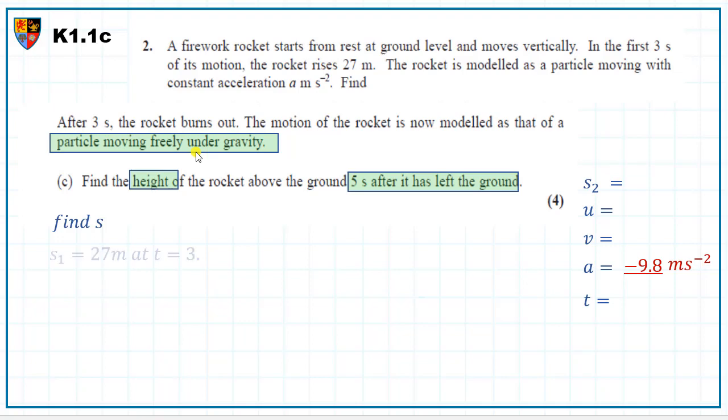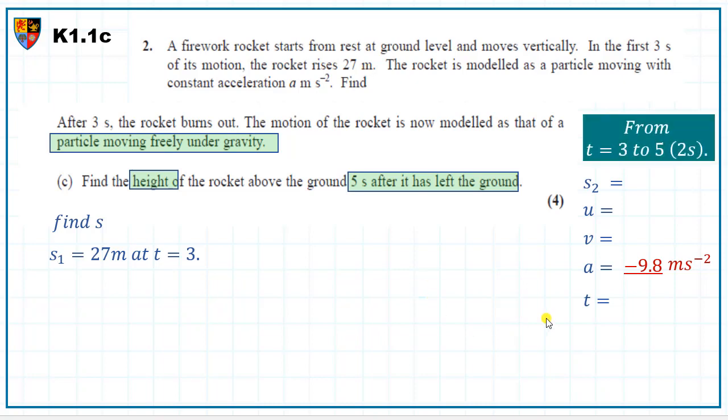Okay, we already know what happened for the first 3 seconds. We were told in the question that in the first 3 seconds it rose 27 meters. So actually what we're concerned about now is what happens for the next 2 seconds, from t equals 3 to t equals 5. At 3 seconds, what we worked out previously in part B was that the velocity is 18 meters per second, and that is now our initial velocity because we're starting at that 3-second mark.